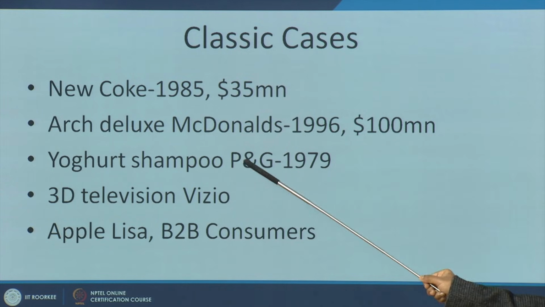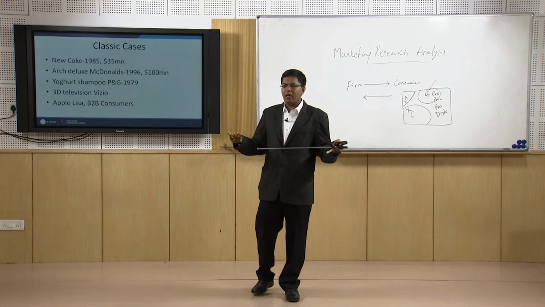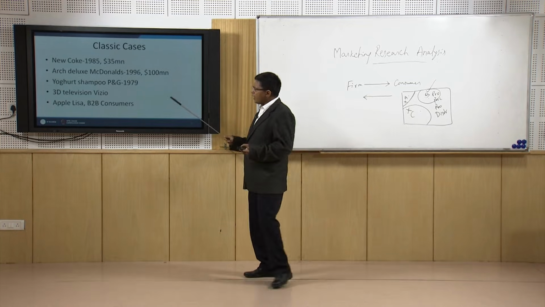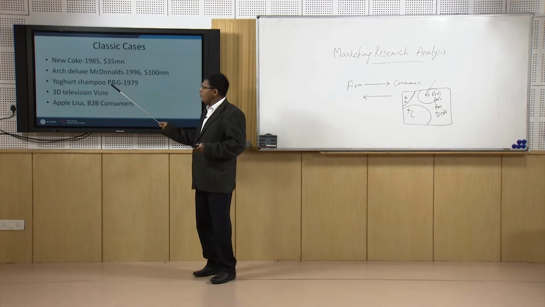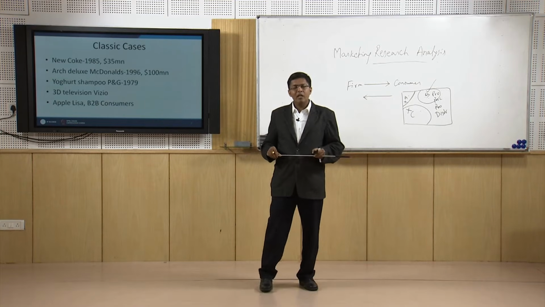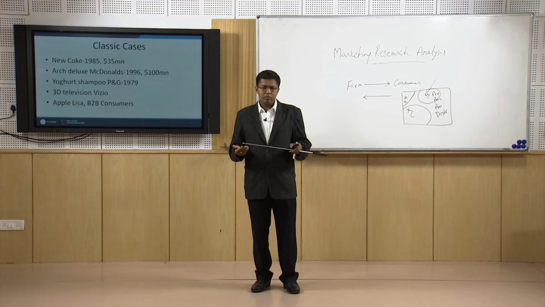Yogurt shampoo was another case, from Procter and Gamble, one of the most well researched, most popular companies in the world, you can say easily. When yogurt shampoo came, it also made a mistake. They did not research well to understand what people like in a shampoo.